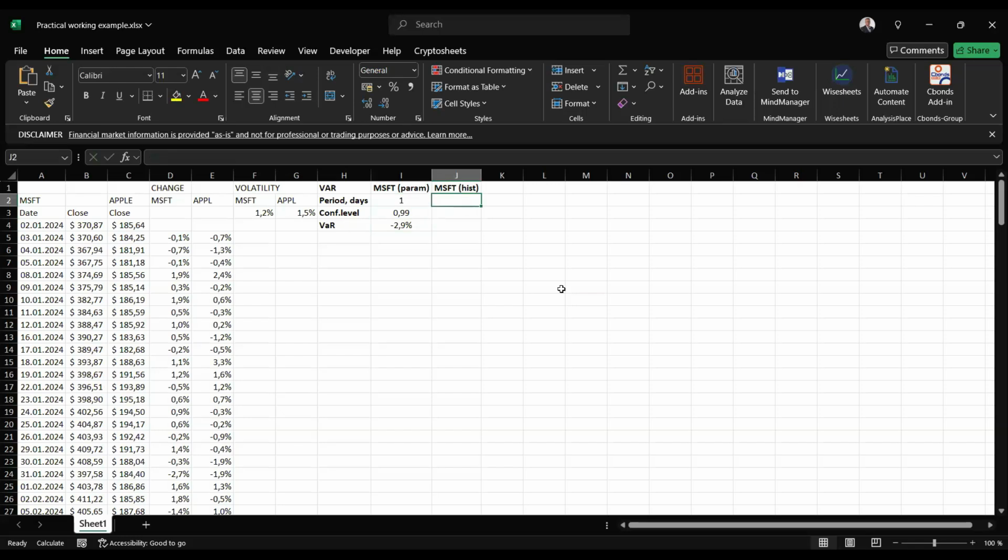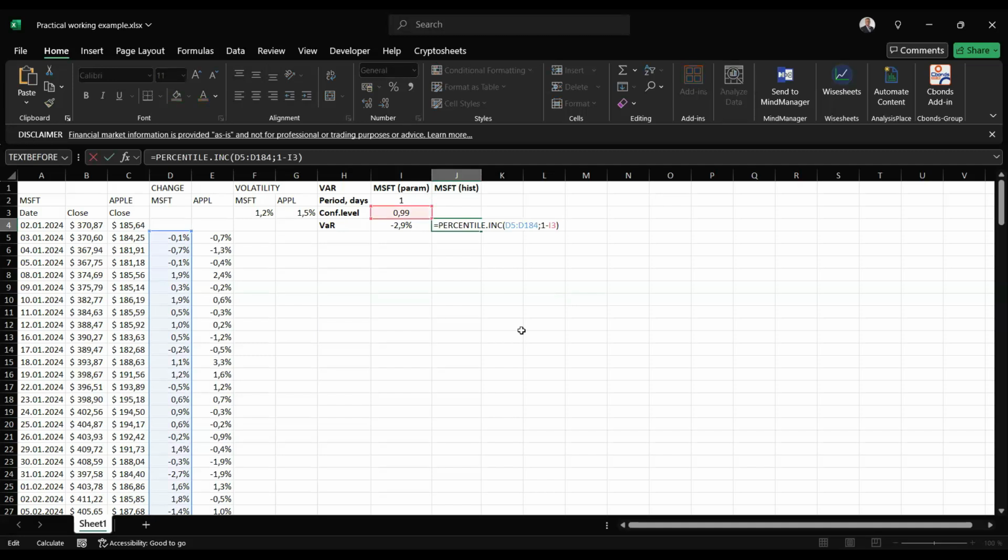And as for historical simulation, it is rather different in terms of the calculation, and it may have much bigger, computationally intensive requirements, according to the predefined function in Excel that we can use. It is called percentile.